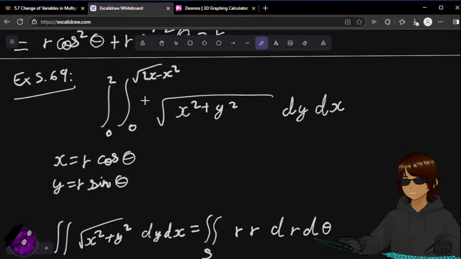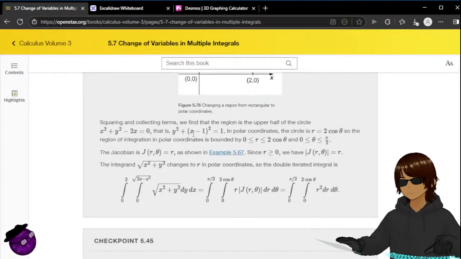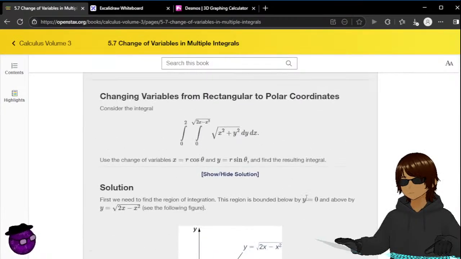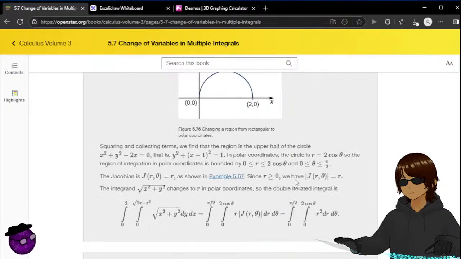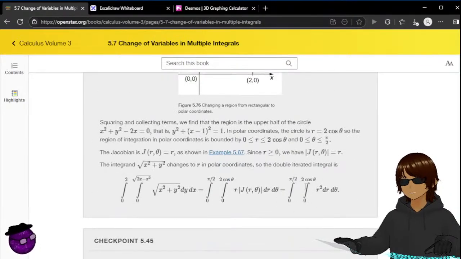Like if it was complicated and we did not have the graph, how would we get it then? So the resulting integral is this.